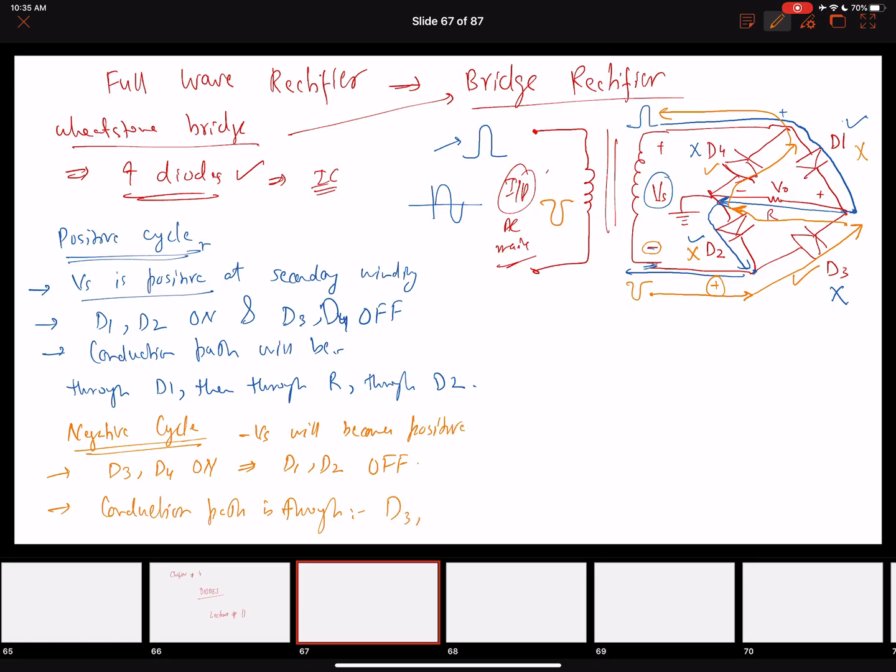So it will be D3, then through the resistor, then through D4, then back to transformer. So this will be the conduction path.